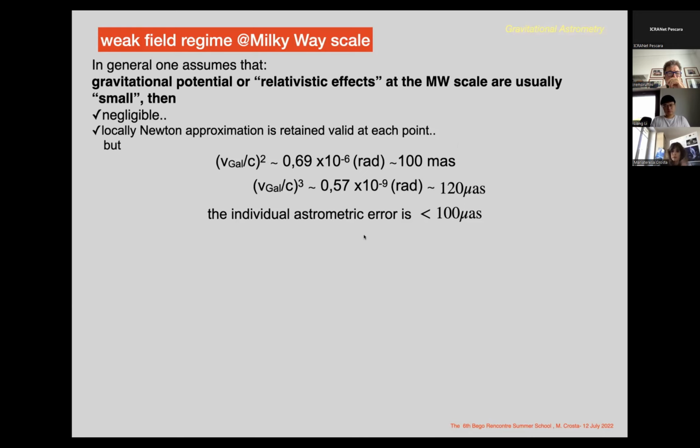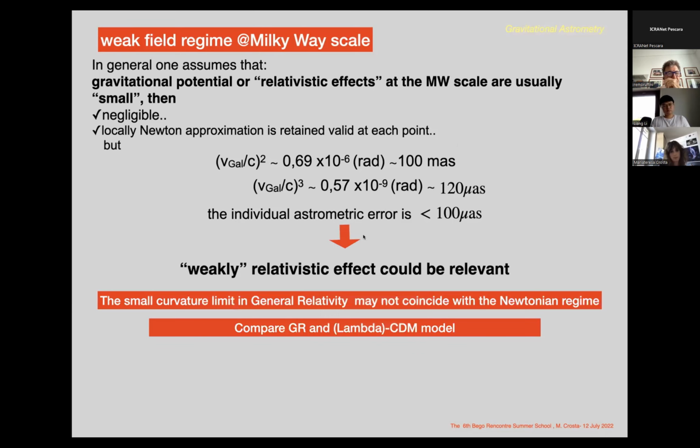So, if we want to apply the same reasoning that obliged us to use general relativity for the data analysis and processing of Gaia data, we have to say that the weak relativistic effects could be relevant. And we know also that the small curvature limit in general relativity might not coincide with the Newtonian regime.